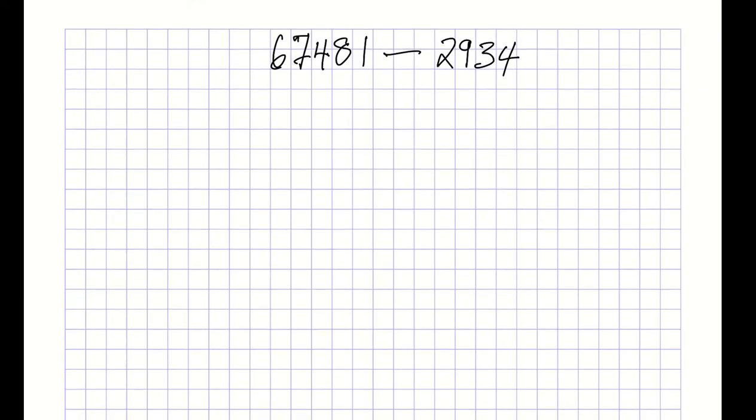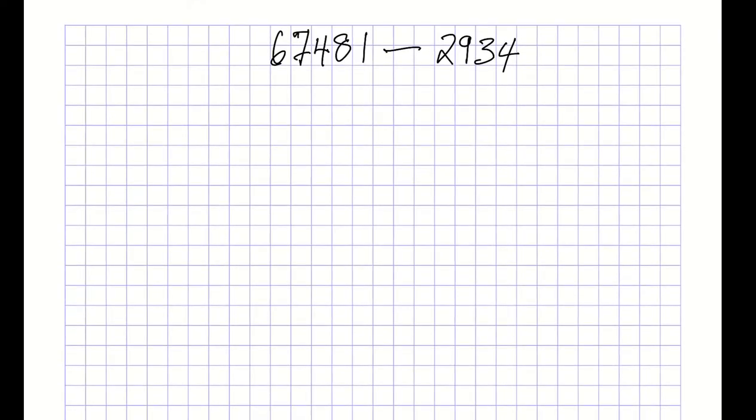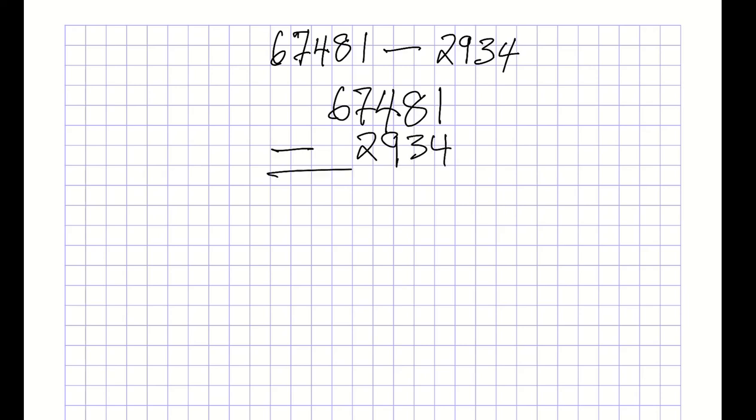The next one is 67,481 minus 2,934. What do you do? You line things up first. See how I'm lining the numbers according to the value in the base 10 position system.